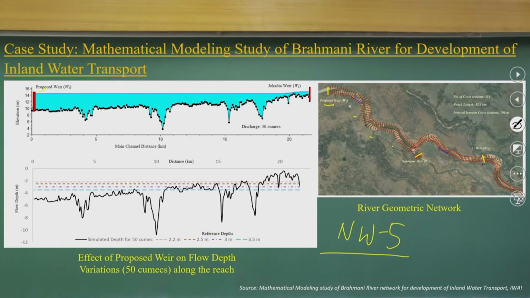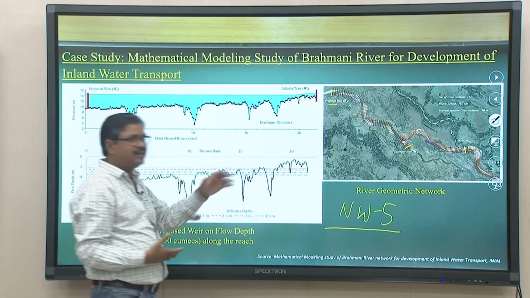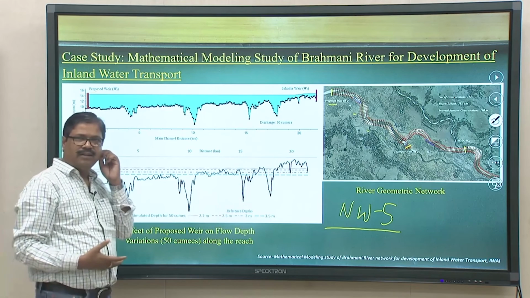So it is possible nowadays, with the help of mathematical models, to know how we can make this river navigable with a series of dam or weir structures. That is what we have done in this case.